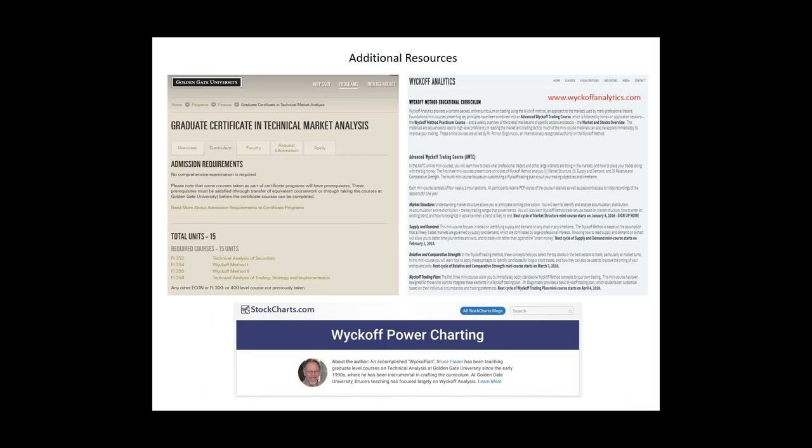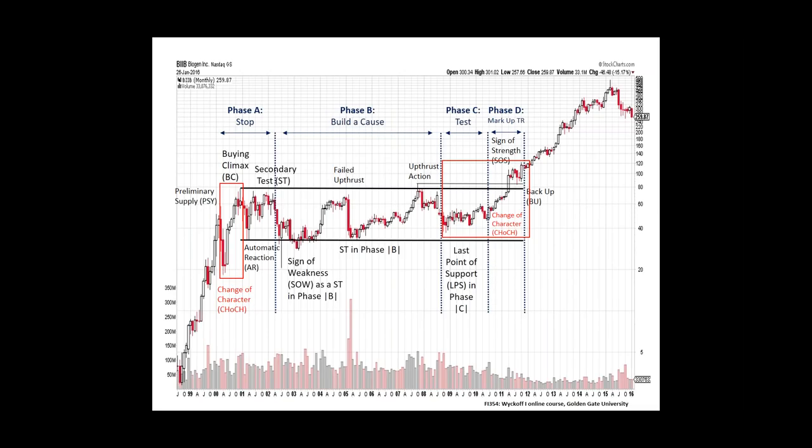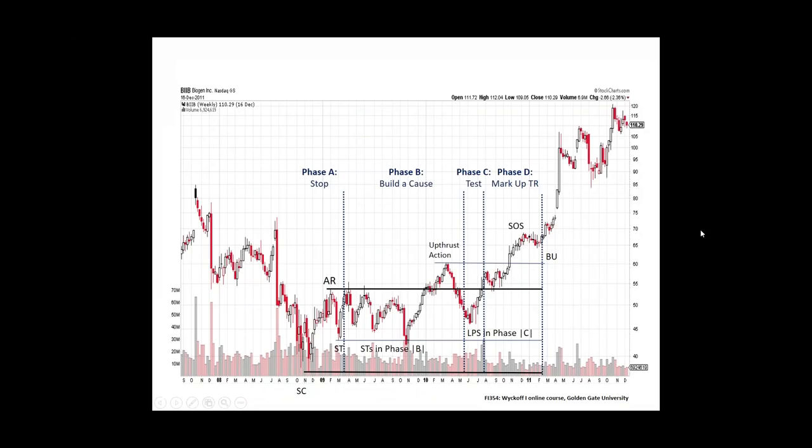The thing I'd like to point out about that very large-scale chart that we were just studying is that these principles work in all time frames. So here we are looking at a very large time frame, but if you were to look at a weekly time frame, which the next chart is actually a close-up of that area on a weekly basis, and then daily, intraday, these principles are at work over and over and over.